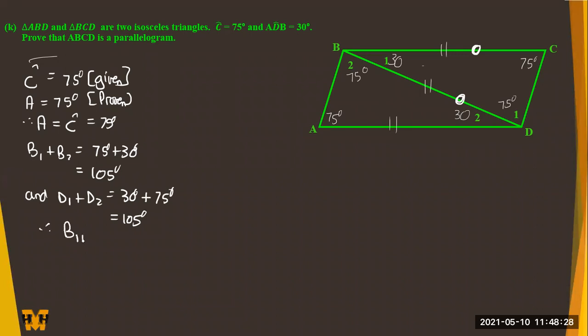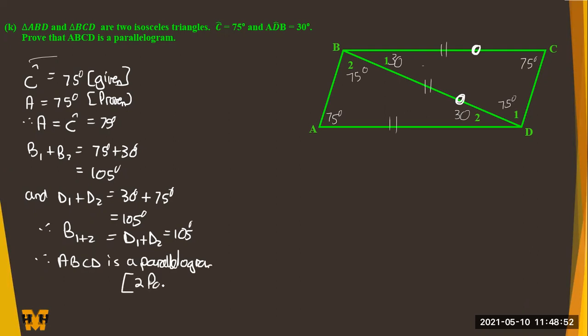Therefore, B1 plus B2 is actually equal to D1 plus D2. And from there, we can say, therefore, ABCD is a parallelogram. Why? Because we just proved that two pairs of opposite angles are equal.